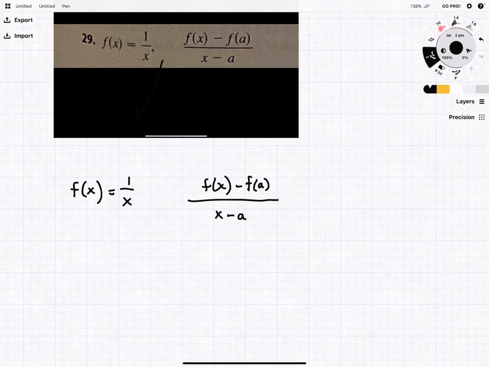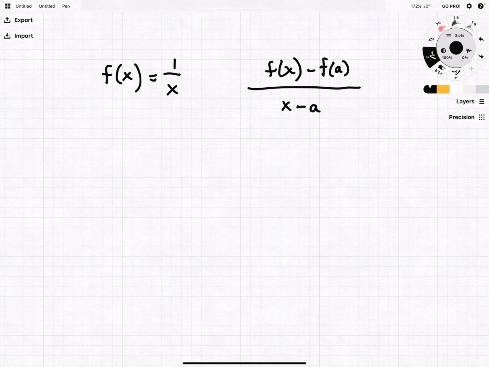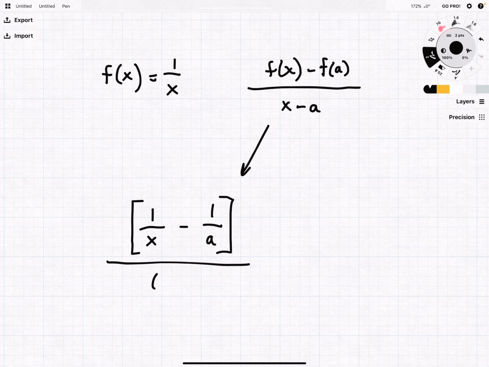The first one's simple because they just want f of x alone. So we have 1 over x minus f of a this time. Instead of 1 over x, we write 1 over a, and this quantity is all divided by x minus a.